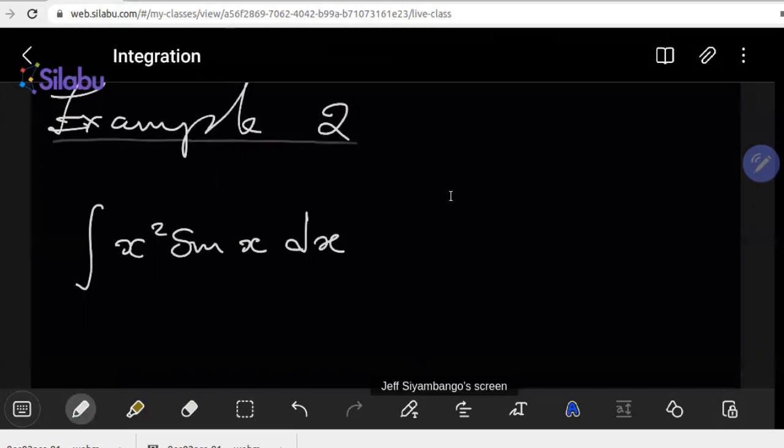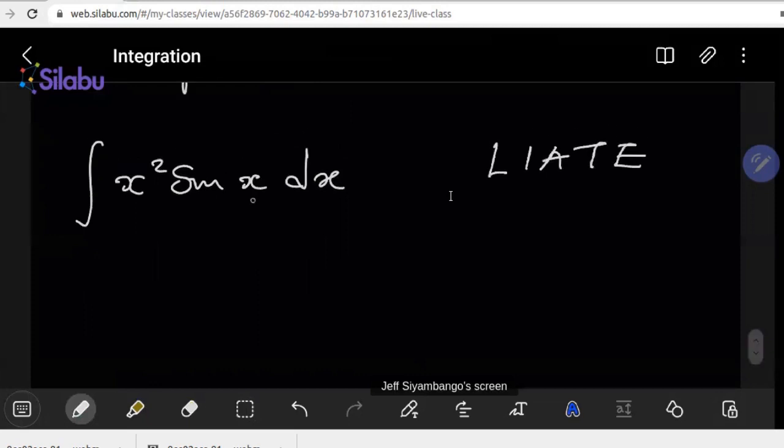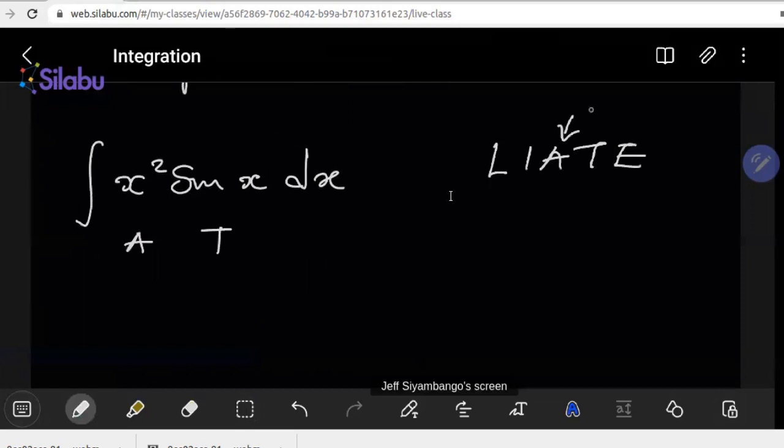Yeah, okay. So let's see. By that description, what we pick as our u, because the first thing that you must always pick is u, is the algebraic, because what we have here is algebraic and trig. So algebraic comes first. This is priority in terms of what u should be.